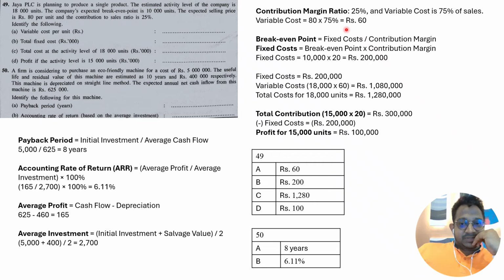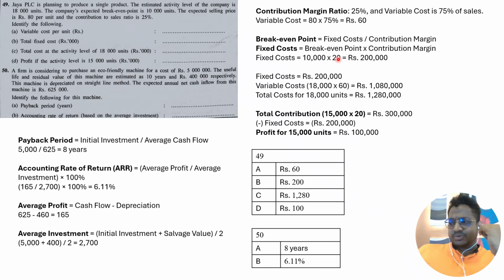And then the total fixed cost, the break-even point is given here straight away. So how to find the break-even point? Fixed cost divided by contribution per unit.